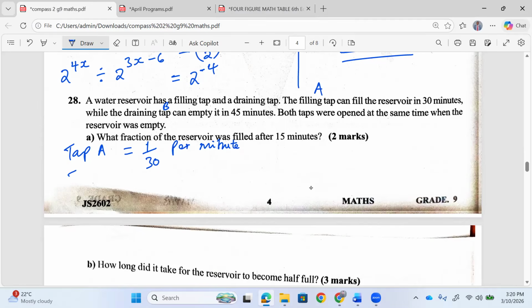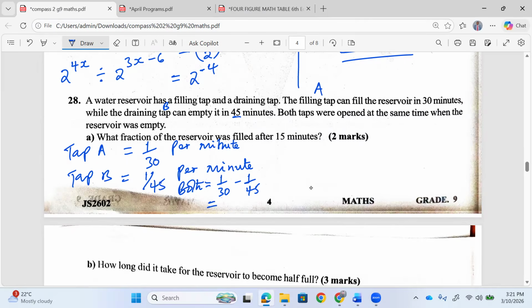So let's take tap B. It takes 45 minutes, meaning that per minute it's filling 1 over 45. So when both of them will be working, we will have within 1 minute, the first tap is filling 1 over 30, but the second one is emptying.